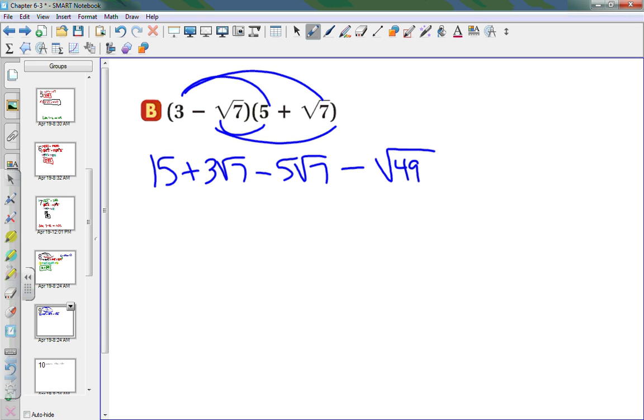You consider that to have one from? Yep, these are all ones right here. Okay? Now, what is the square root of 49? This thing is a 7. So what is 15 minus 7? 8. 3 minus 5 gives me 2 square roots of 7.